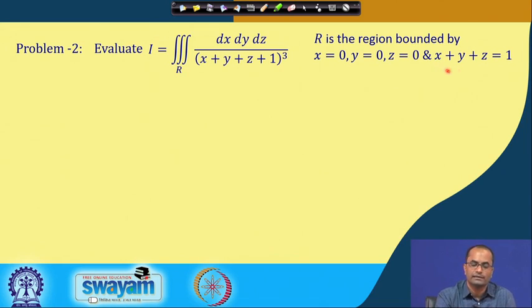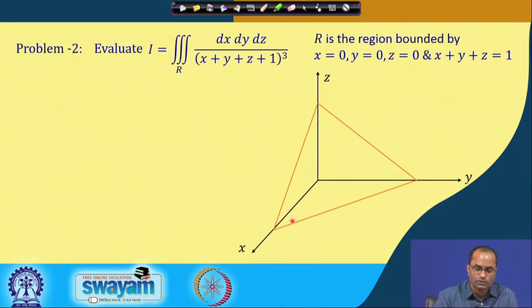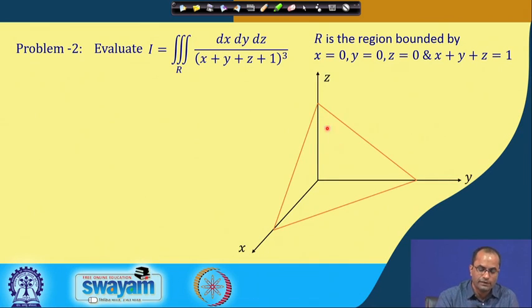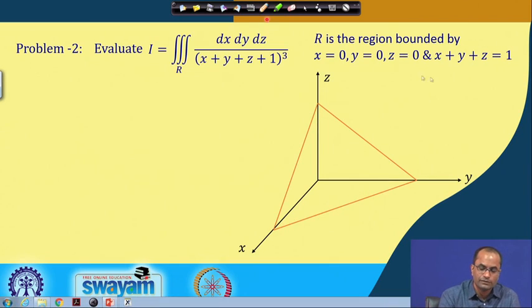So, this is cutting the x axis at 1, and also z at 1, and y again at 1. So, we have this slanted plane here, and we have these 3 coordinate planes, x equal to 0, y equal to 0, and z equal to 0. So, this is the situation, the x axis, y axis and z axis, and then we have this plane which is given by x plus y plus z is equal to 1.